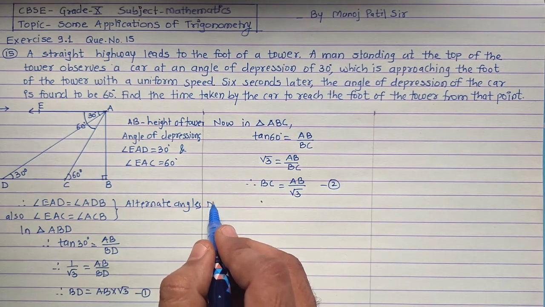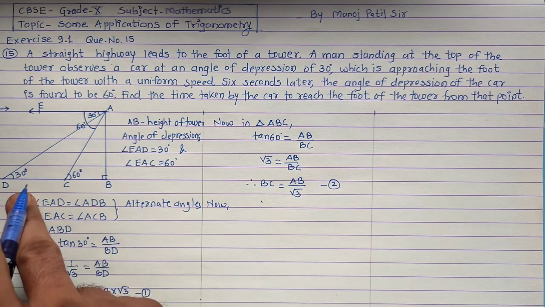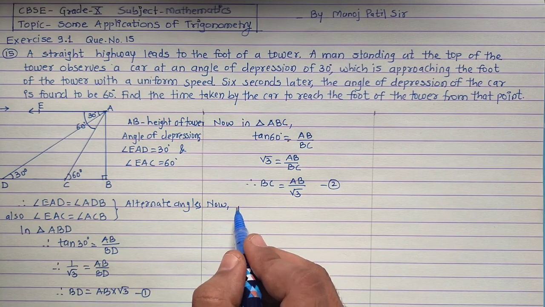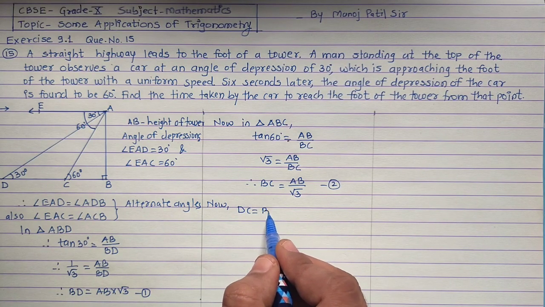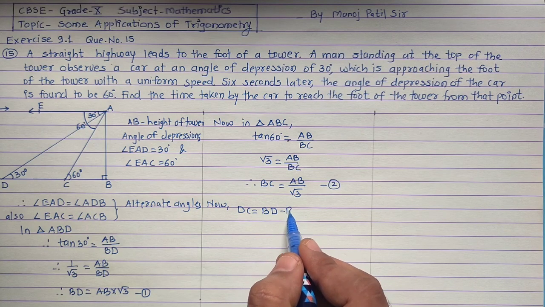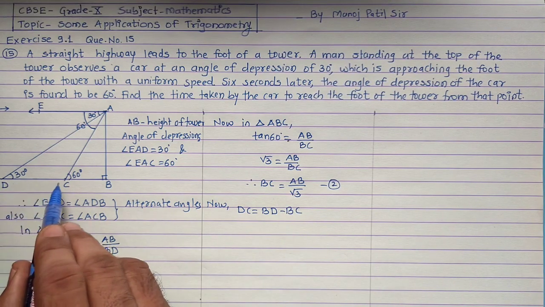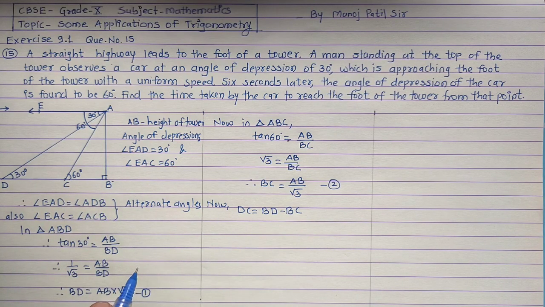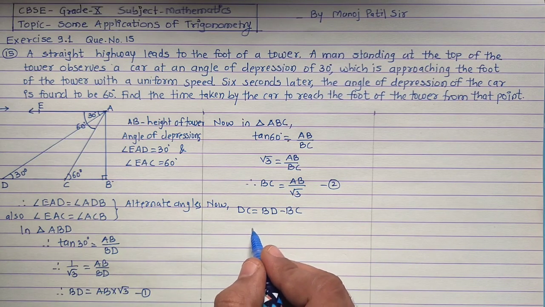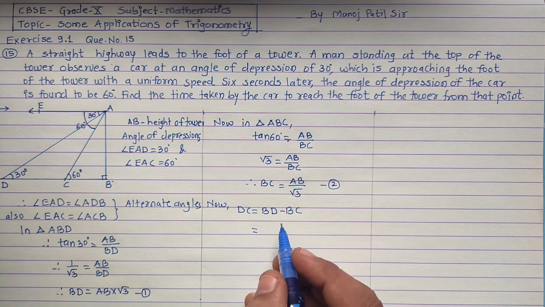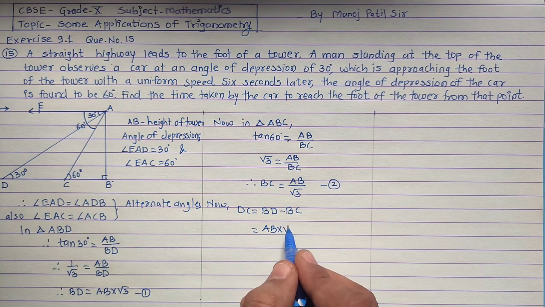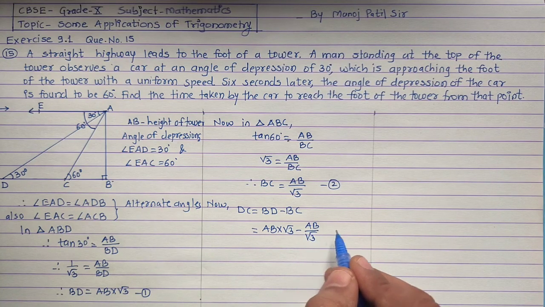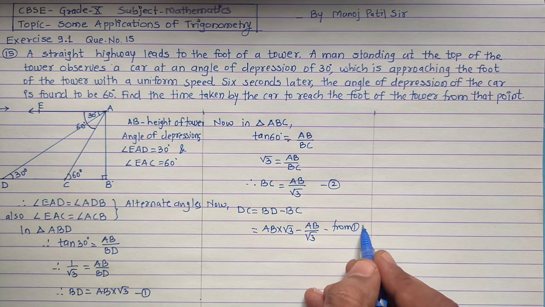Now, we can see that D, C, B are collinear points, and therefore we can write DC equals BD minus BC. We have found BD and BC, so let us substitute the values of BD and BC respectively: AB multiplied by root 3 minus AB upon root 3, from equations 1 and 2.